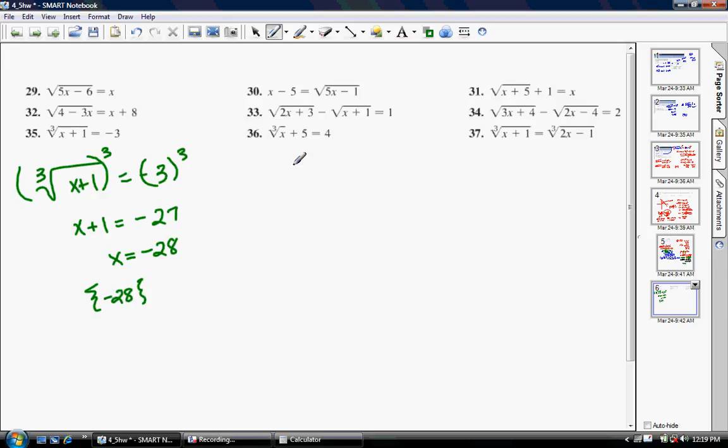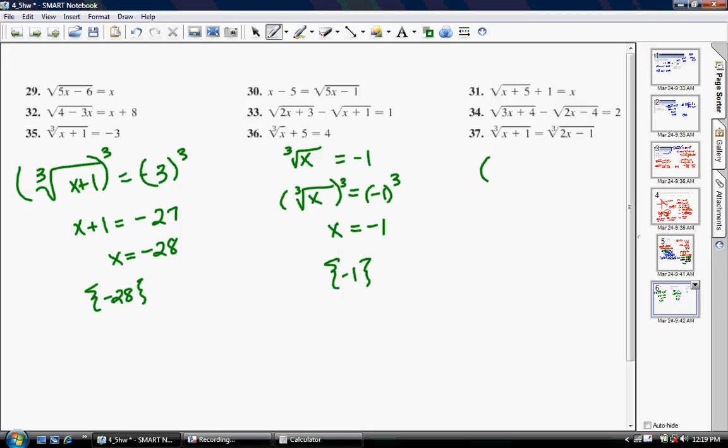For the cube root of x plus 5 equals 4, I've got to isolate the cube root first. So if I subtract the 5, I get negative 1. And then we can cube both sides. And the cube root of x cubed is just x equals negative 1. And so that would also check.